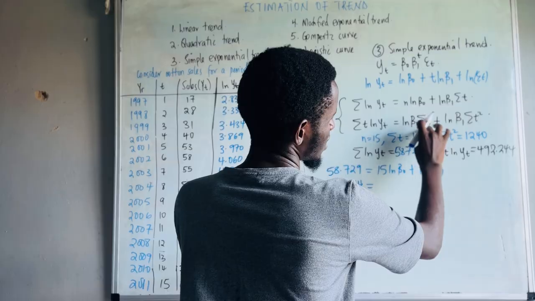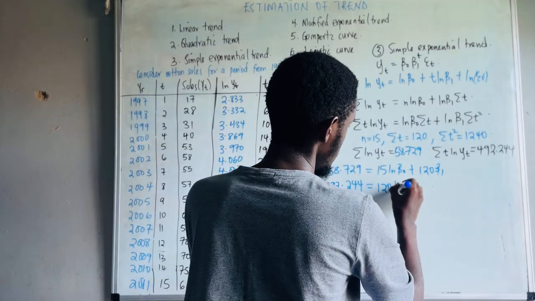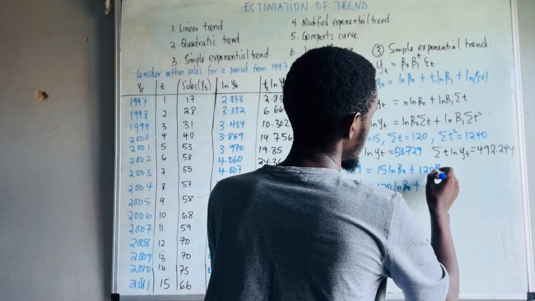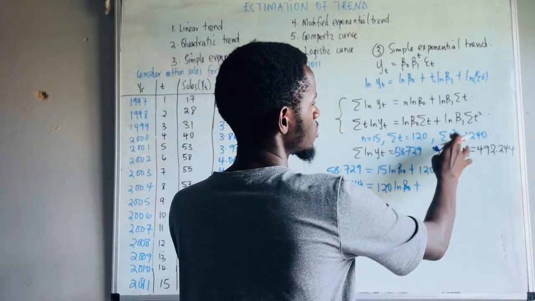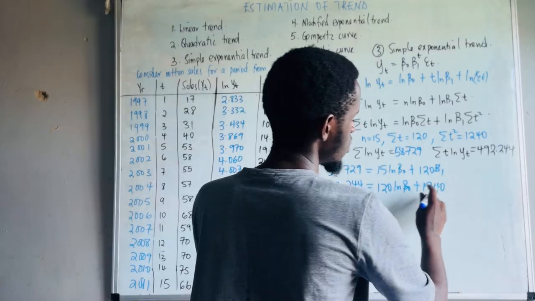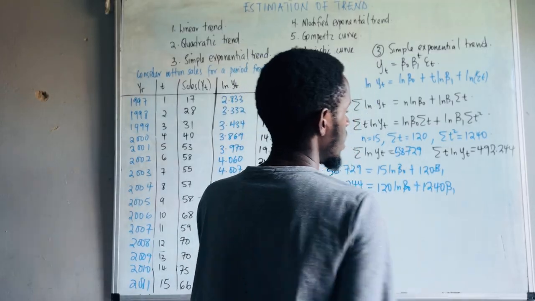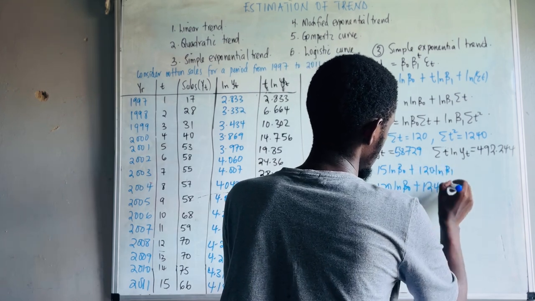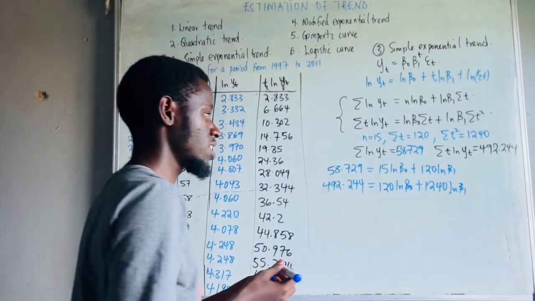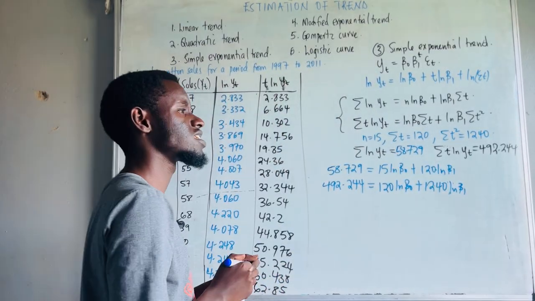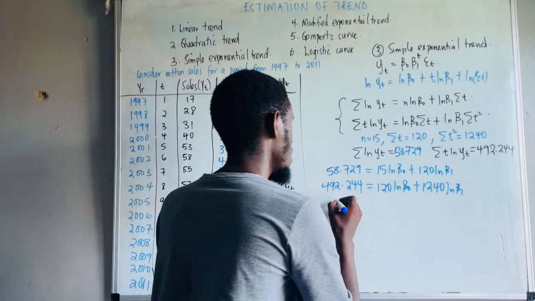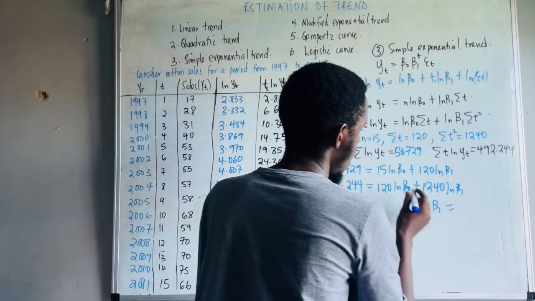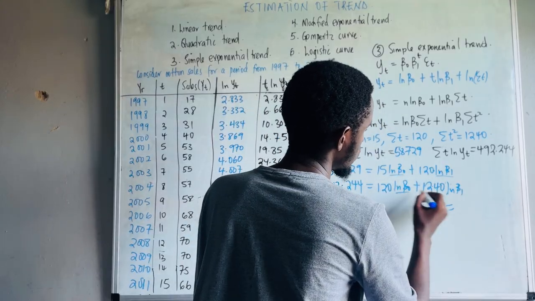Then summation of t ln y, 2.2 equals now summation of y is ln b naught plus summation of t 20 then b1. So here you have the ln, you also have the ln here.